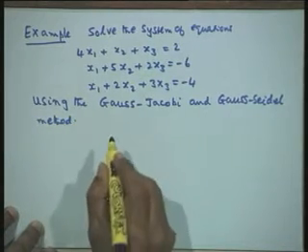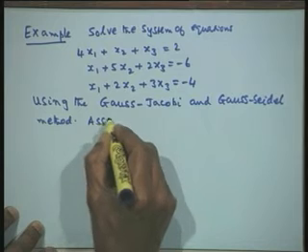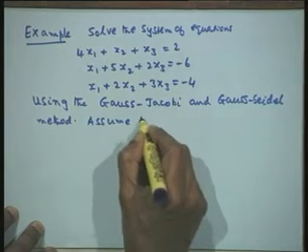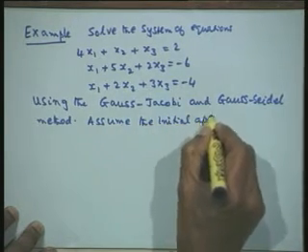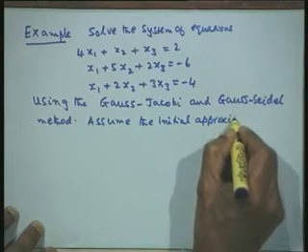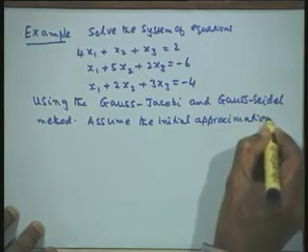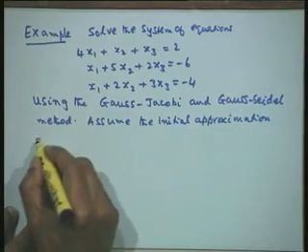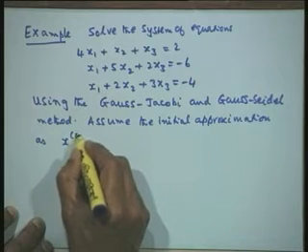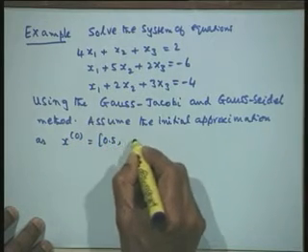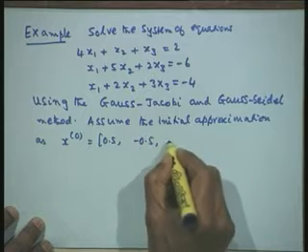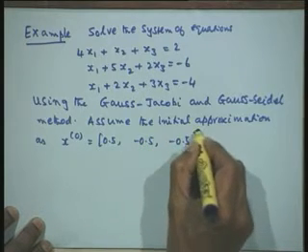Let us also give the initial approximation. So, let us assume the initial approximation as x 0, the first iterate, as 0.5, minus 0.5, minus 0.5.